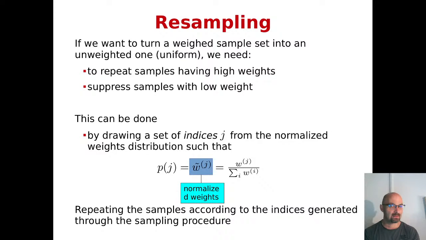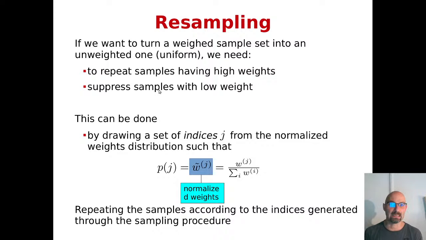How do we do that? Intuitively, we have to repeat the samples that have a high weight and potentially suppress samples with low weight. But we cannot do this deterministically, because otherwise we lose randomness in the phenomenon. So we could do it by generating samples according to their weight.